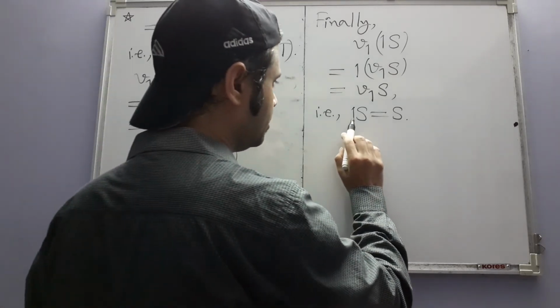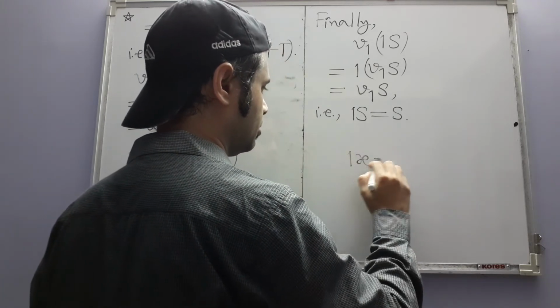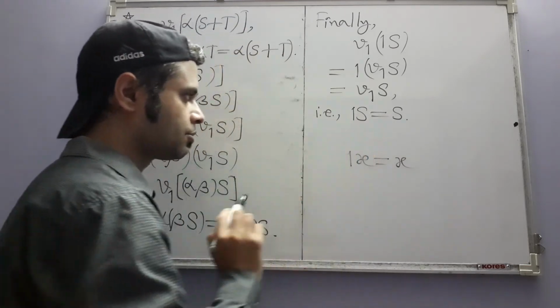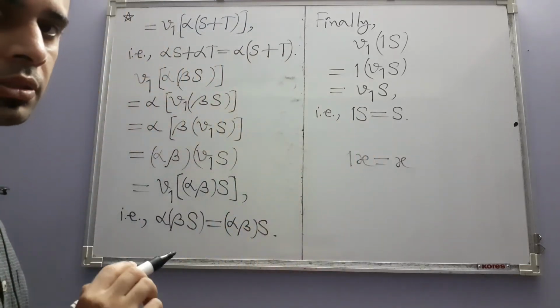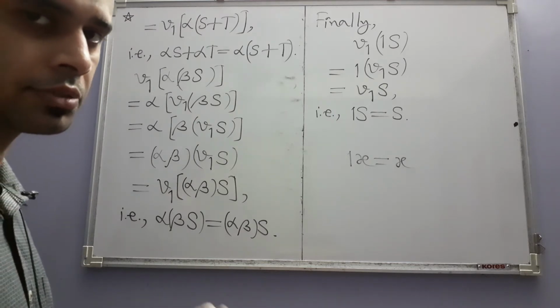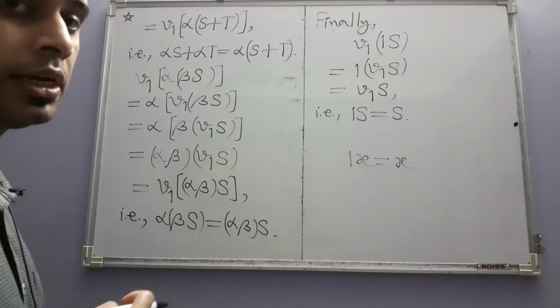For example, usually when you see something like this 1x, you are tempted to write x. In this case, of course, 1 is not the number 1, but it's the multiplicative identity of the underlying field of scalars, which may actually be different from the integer 1.